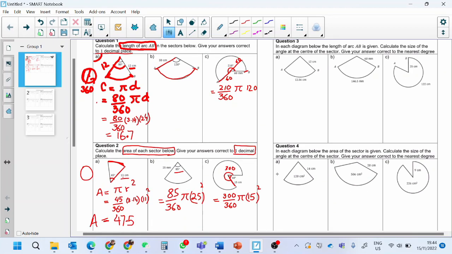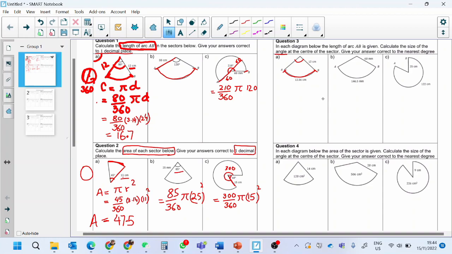In the next question, in each of the diagrams below, the length of arc AB is given. We have been given the length of this arc, 12.56 centimeters. Calculate the size of the angle at the center of the sector. We have to find this angle and give the answer correct to the nearest degree.